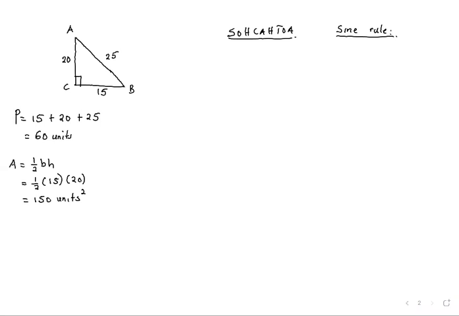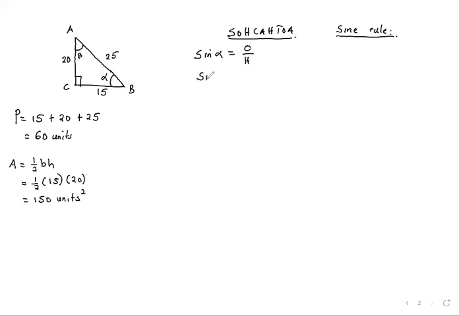To find the internal angles, we already have the other angle is 90. Let's call this angle alpha, and the other one beta. I'm saying that you have two options. You can use sine rule or SOHCAHTOA. SOHCAHTOA is telling us that if you use sine, suppose you're looking for alpha, sine alpha should be opposite over hypotenuse.